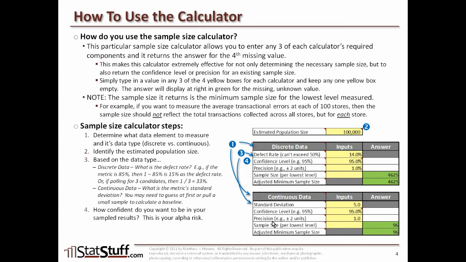So the fourth step is we want to ask ourselves, how confident are we in the sampled results, or how confident do we want to be? This is like that alpha risk, figuring out the level of risk we're comfortable with, and it's 1 minus that alpha level. Generally, 95% is a default if you know nothing else and you don't have any other defined answer.